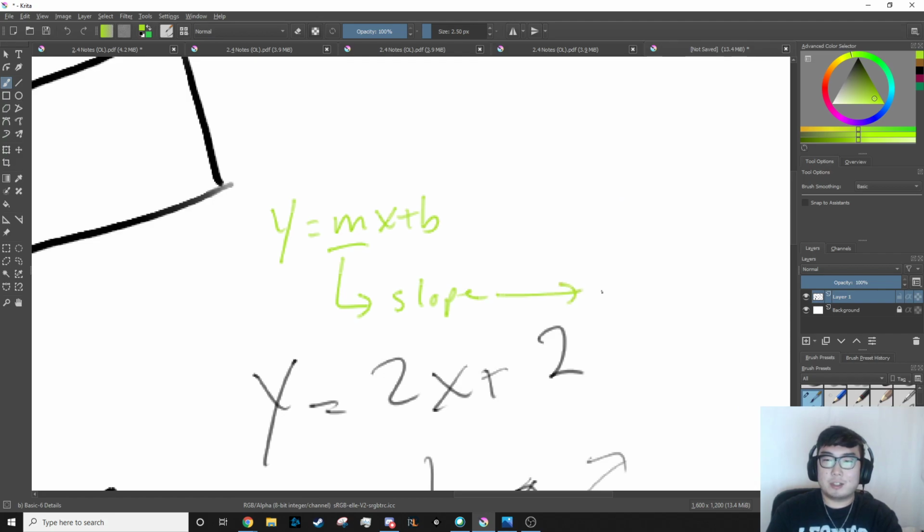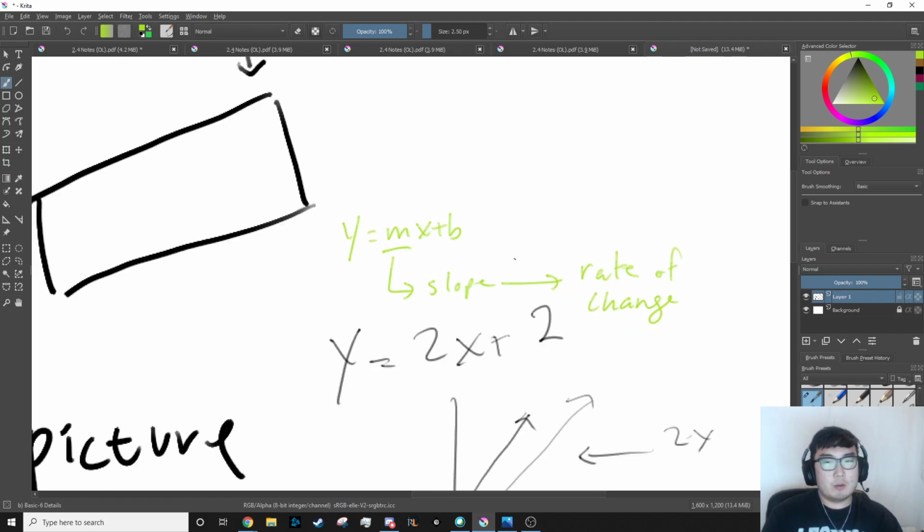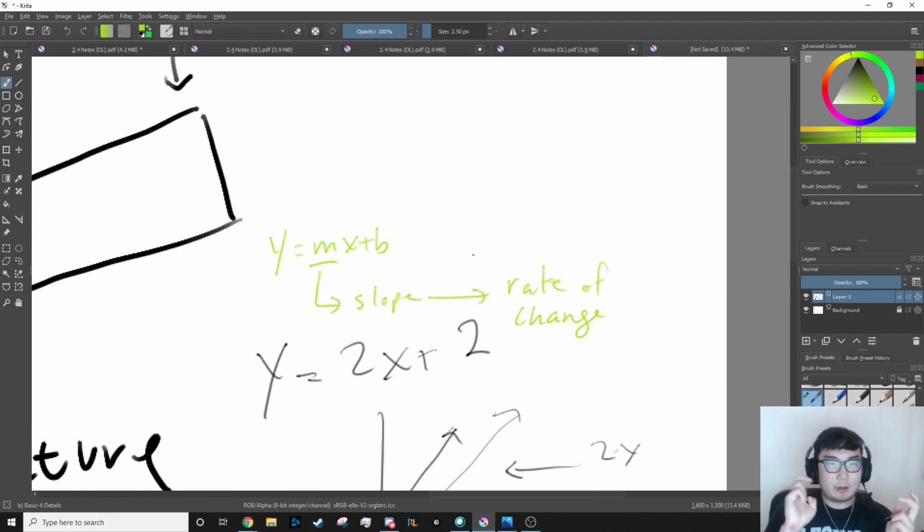And we know that the slope really means the rate of change. But the slope is considered only applicable in line graphs, kind of like linear, because it is a line.